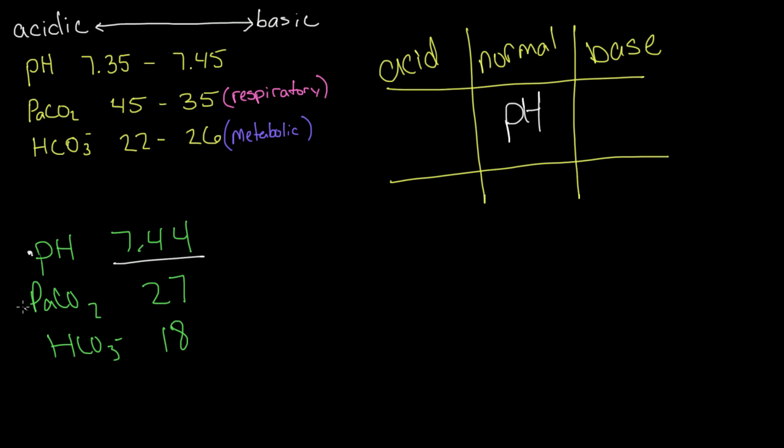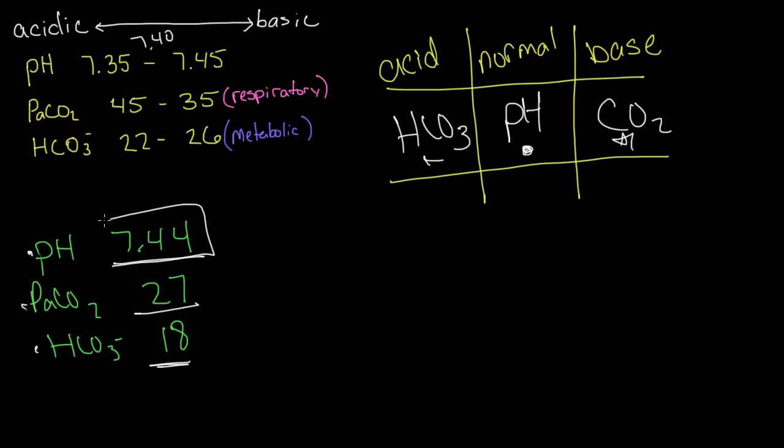Our PaCO2 is 27, which is more basic, so the CO2 goes over here in the base column. Then our bicarbonate is 18, which is acidic, so the bicarb goes in the acid column. So we have a condition here again where our pH is normal and the other two values are abnormal, either too acidic or too basic, and so we have to see which side of 7.40 our pH falls on.